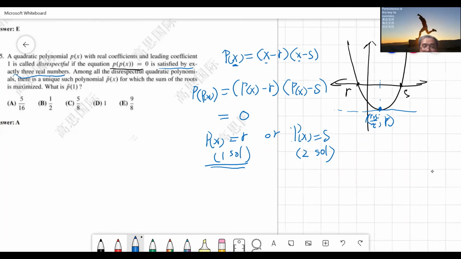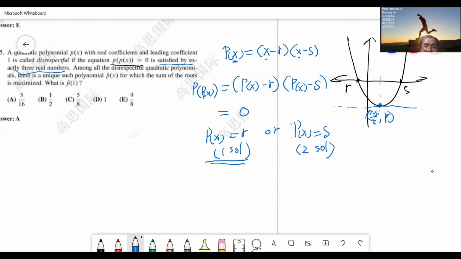So we can write P(x) as (x minus (r plus s) over 2) squared, plus r. This is the P(x) for this part.